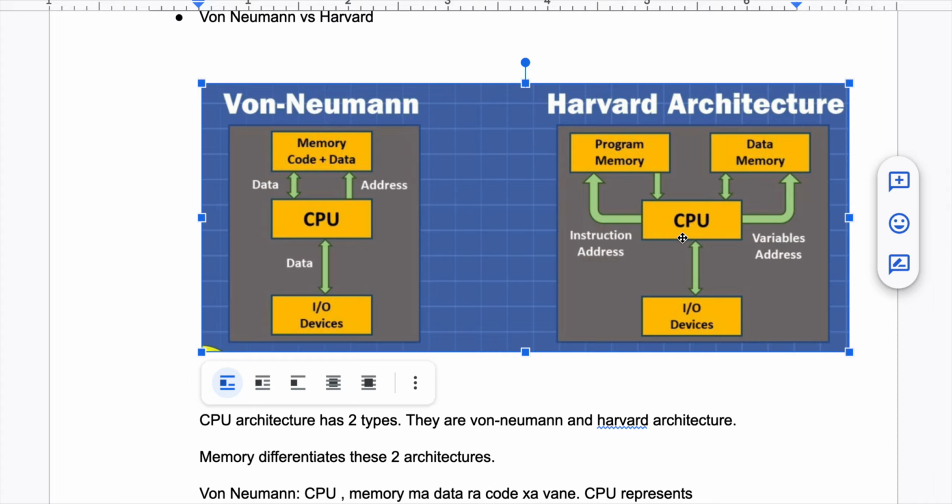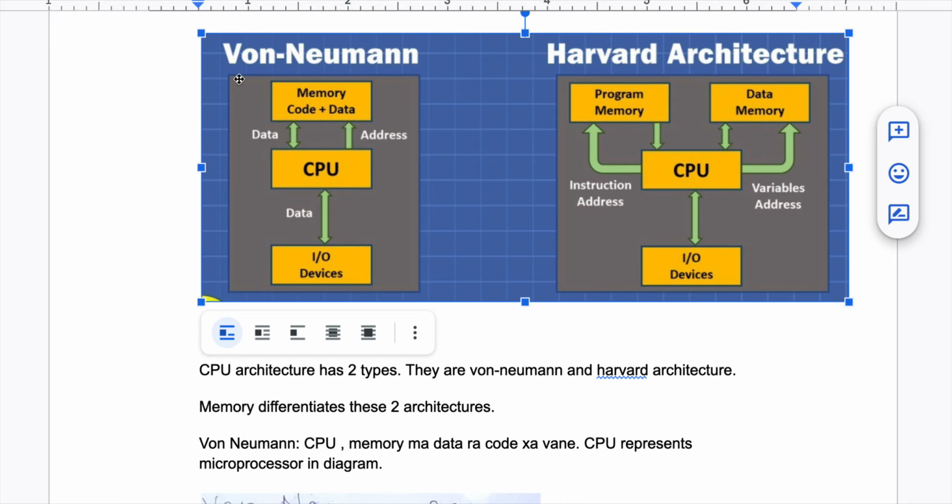We will talk about it. For von Neumann, whenever we need data as well as instruction at a single time, those data and instructions have to travel through the single data bus. So the time to get them at a single point in time is slower compared to the Harvard architecture. And what is the use of the address bus?